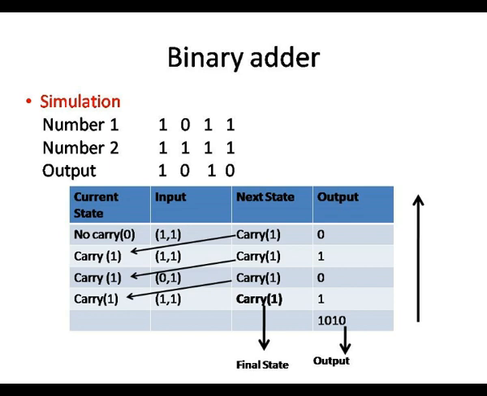The current state is carry. Then the next input is 01, it goes to the next state carry, and it will produce the output 0. The current state is carry, the input is 11, then it goes to the same state carry and it will produce the output 1. The output is 1010, and the final state of the machine is carry state.